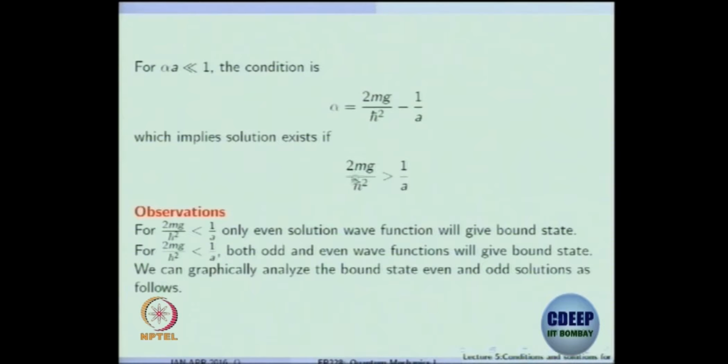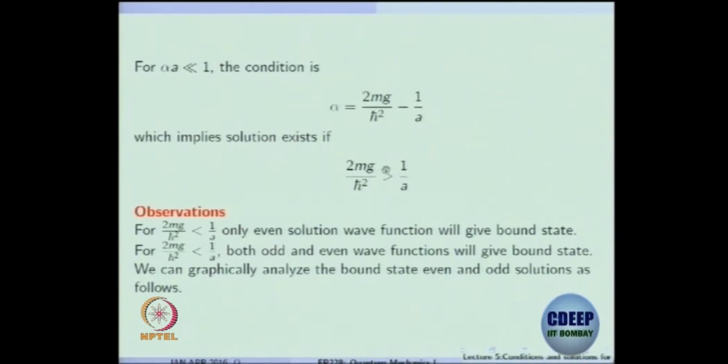We had this condition twice mg a by h cross squared is greater than 1 by a. You can take this a this side and then that becomes y greater than half. So the odd solution will exist for y greater than half and even solution will exist for y less than or equal to half.